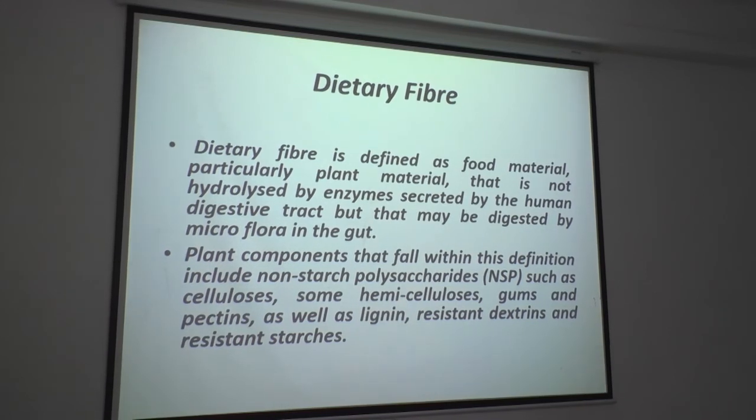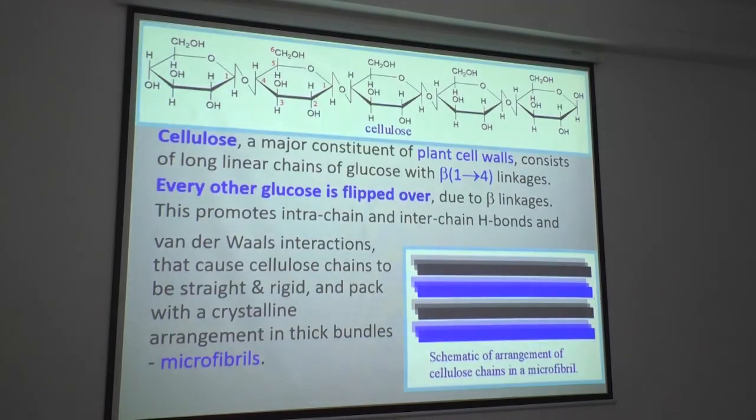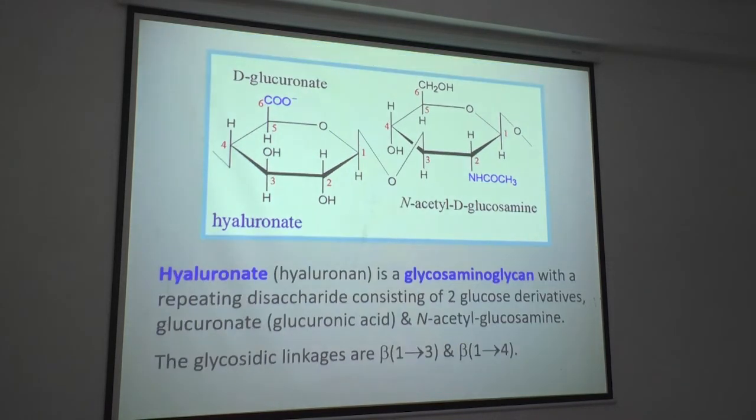Starch means what can be digested; non-starch means what cannot be digested.